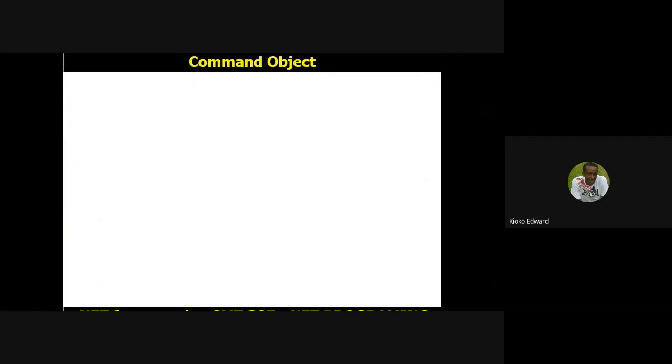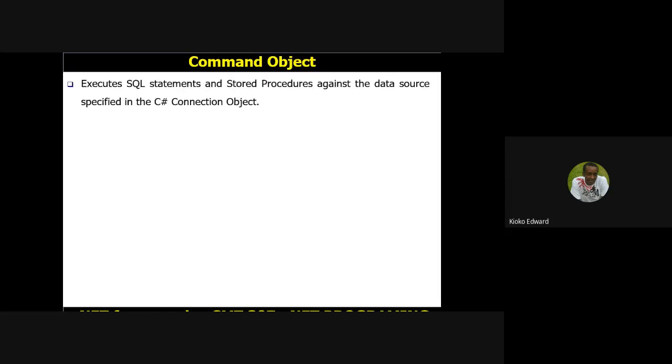So we look at the command object, and we said the command object will be used to execute structured query language statements, and you could also be executing stored procedures against the data source specified in the C# connection object.